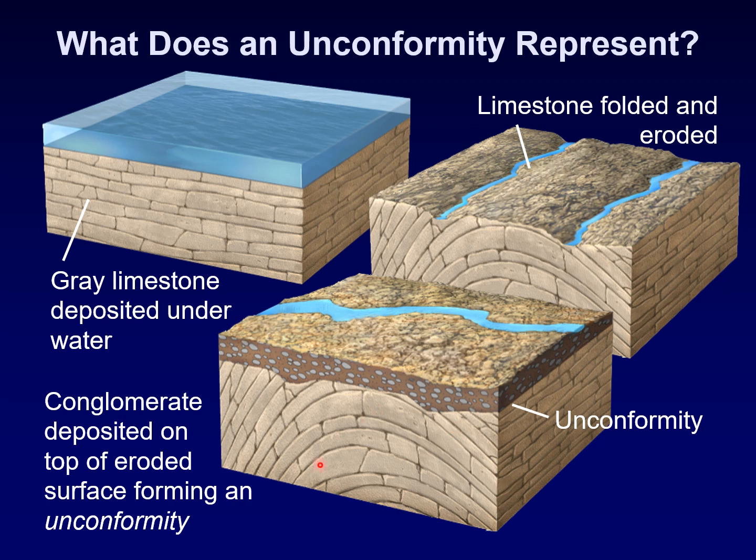So now you've got this folded limestone layer with this conglomerate deposited on top of it. This space of folding and erosion, mostly the erosion, that's what the unconformity represents. It represents the time period where there was erosion due to exposure to the surface, okay?